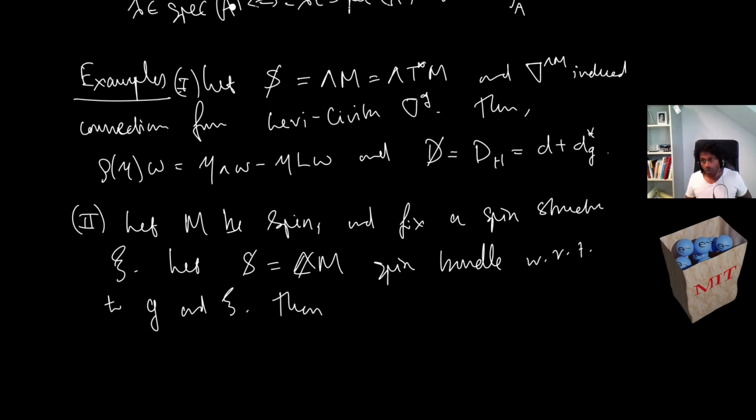Well, okay, we don't have the time or the energy to get into spin structures. I assume that this is something that people are familiar with. A spin structure determines the spin bundle.